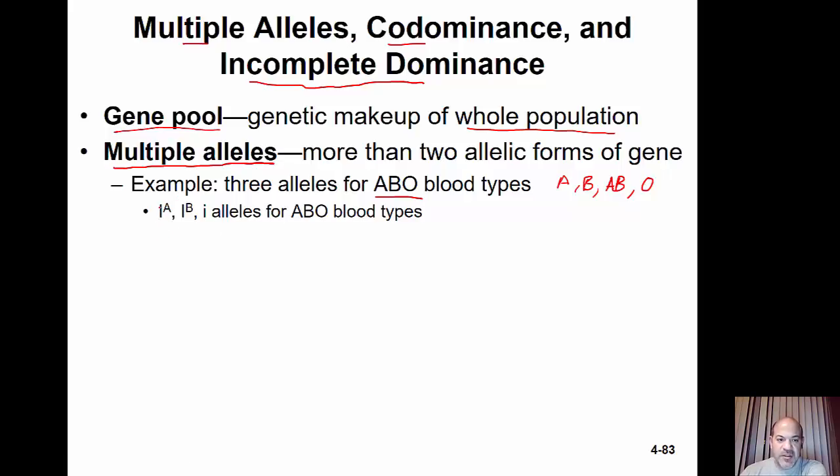I'm going to symbolize this with a letter and a superscript. There's the allele I with an A, so this is the A allele.